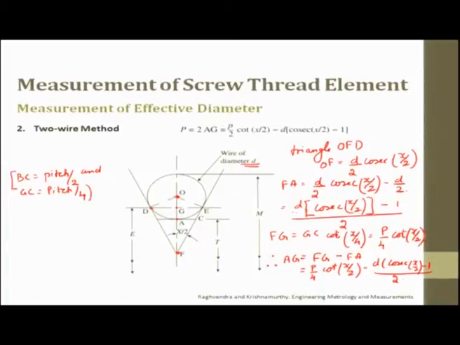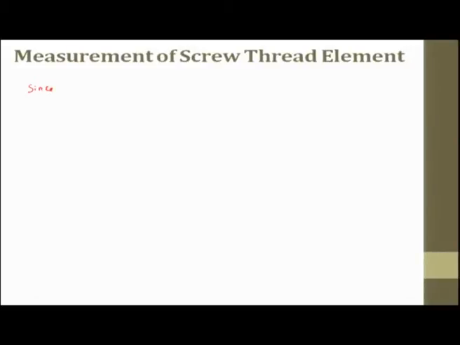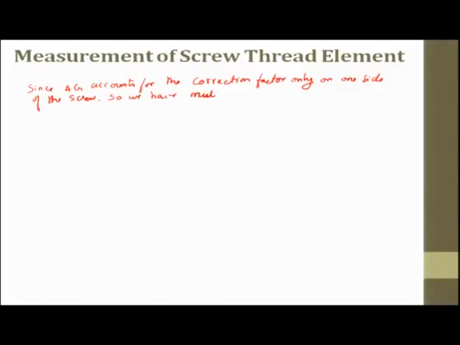Okay. So, after this, since AG accounts for the correction factor only on one side of the screw, we have to multiply by 2 in order to account for that on the opposite side.